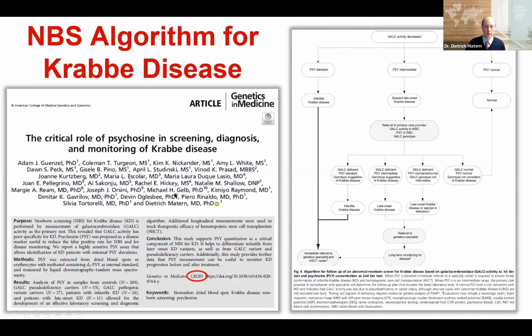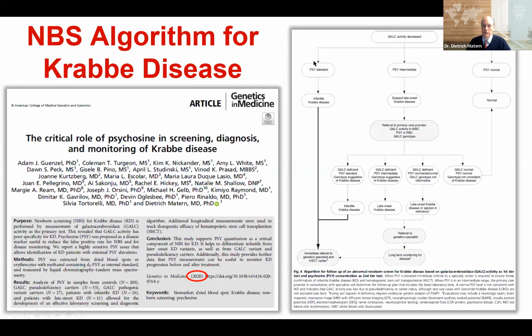So Joe mentioned this paper talking more about psychosine and how it can be used for screening, but also for diagnosis and maybe monitoring. And we published in here an algorithm that we feel would be appropriate and is basically describing what we do in Kentucky, with the difference that here we differentiate between very elevated psychosine, as we've seen in our 2 cases, an intermediate level of psychosine that we haven't seen yet in Kentucky, and normal, which we have seen.